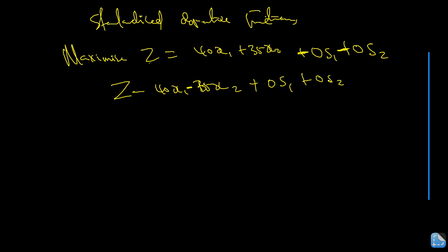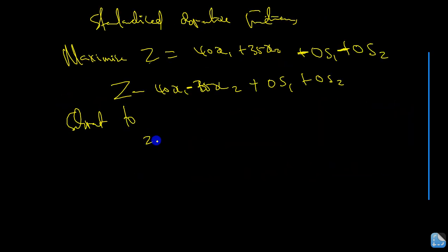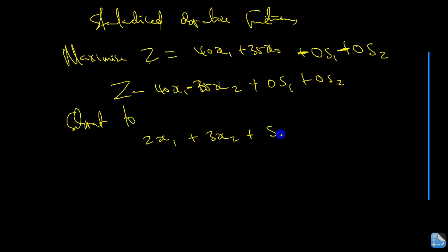So this is the standard form, subject to 2x1 plus 3x2 plus s1, the one we already know, plus 0 s2 is equal to 60.